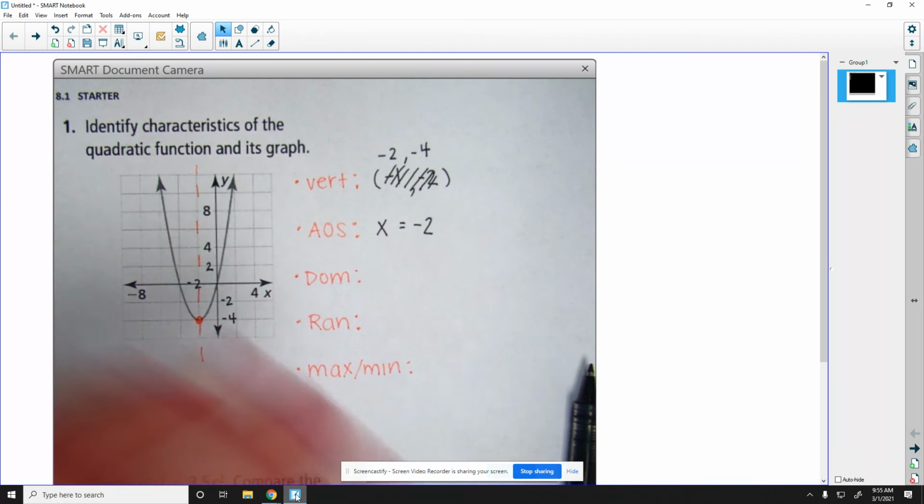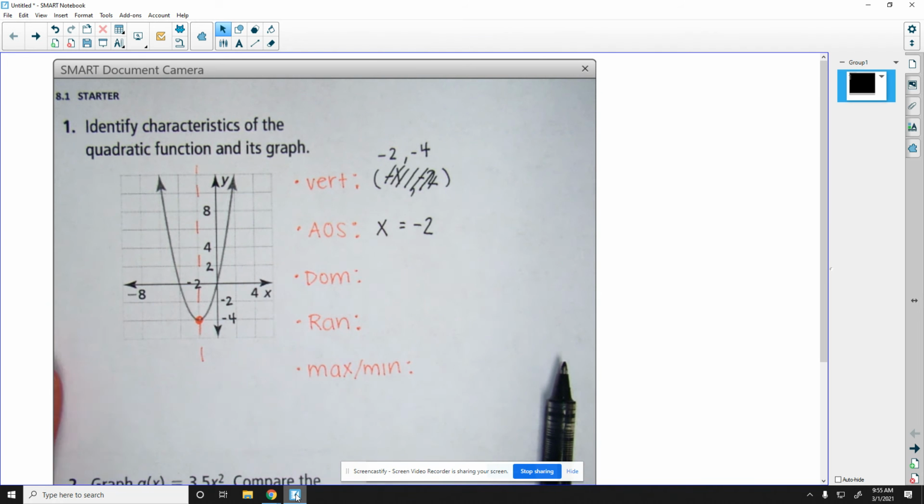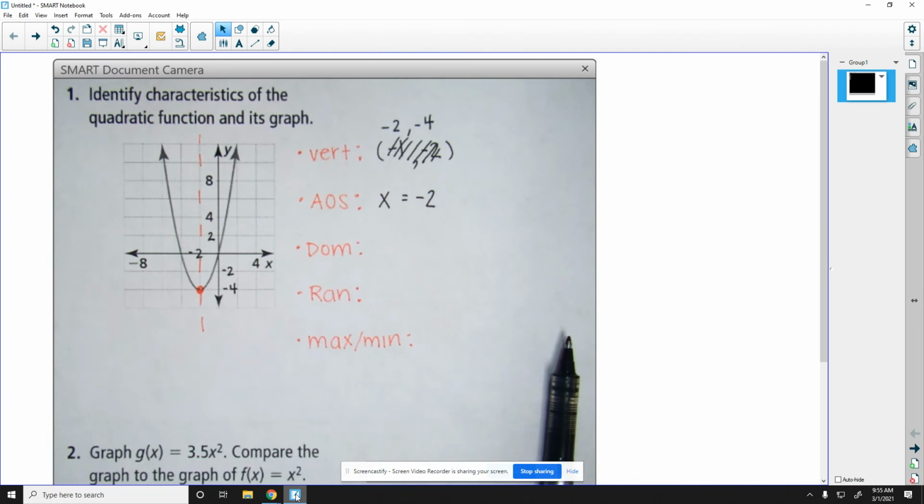All right, domain. Does someone online think they can tell us what's the domain for this problem or this picture? Online kids, do you know? All real numbers. Thank you.